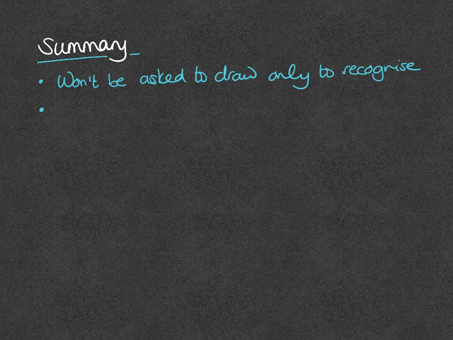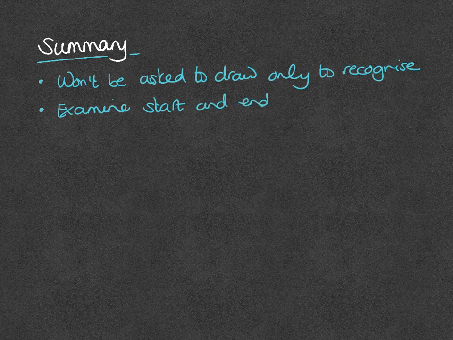You wouldn't be asked just to draw it from memory. If you are trying to recognise what it is, the first thing you need to do is to examine the start and the end of the points in terms of pH to see whether it's strong or weak and acid or base.